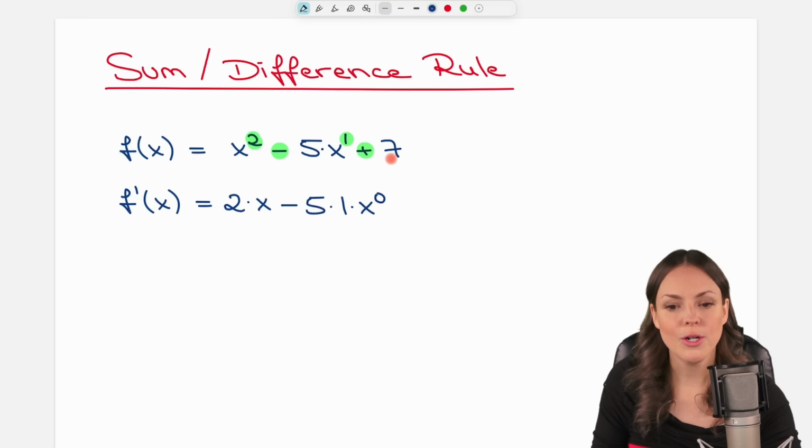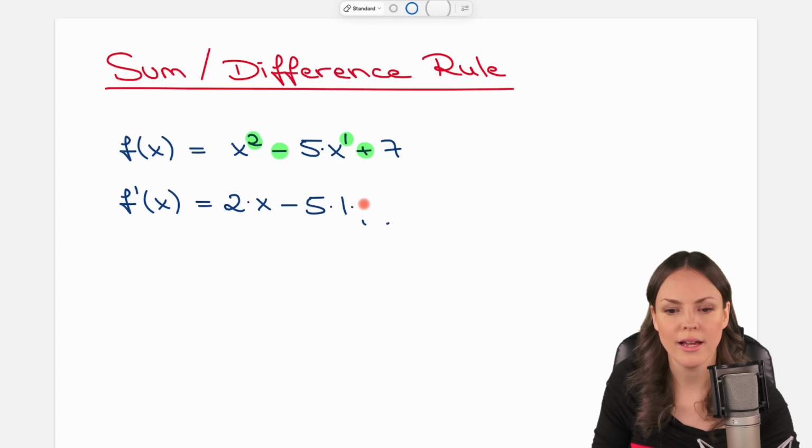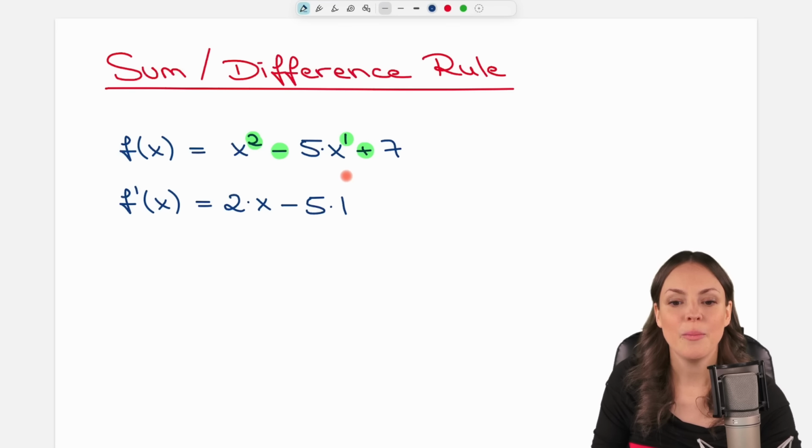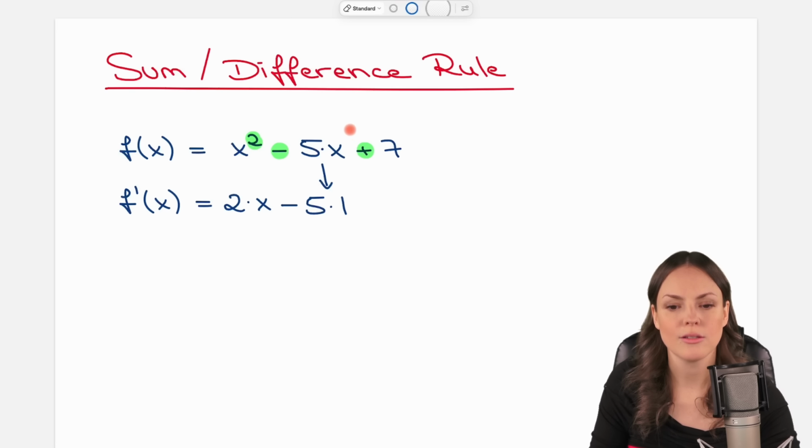Before we keep going with the third part, let's simplify this a little bit, because x to the power of 0 doesn't look that nice, but the good thing is that every time you have something to the power of 0, this whole thing is always equal to 1. So we have 5 times 1 times 1, so this times 1, I don't have to write this down. Just as a shortcut, if we take a look at this derivative here again, here we only had x, so I'm going to erase this power of 1 again.